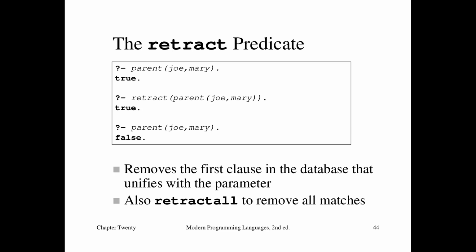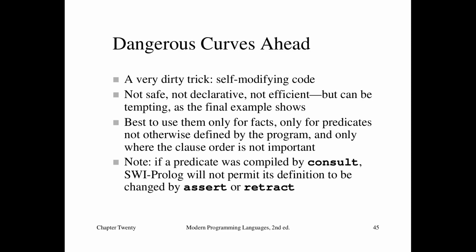The thing about this, though, is using asserts and retracts is nasty because they're self-modifying code. That's always dangerous. It's not safe, nor is it declarative or efficient, but it can be tempting, and we'll show that in the very final example. It's always useful for facts or predicates not otherwise defined by the program, and only where the clause order is not important.